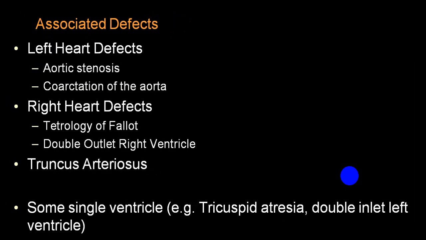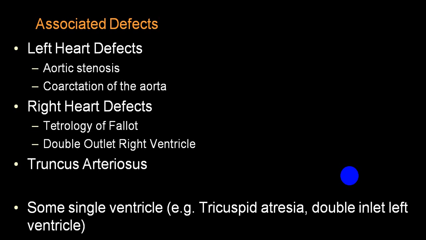Along with VSD, you can have left heart disease like aortic stenosis, coarctation of aorta. In Fallot's tetralogy, it will be right heart disease because there will be overriding of aorta and RVH. Or you can sometimes have double outlet right ventricle, DORV. It can also be one part of truncus arteriosus, because blood cannot flow into the trunk unless there is a VSD.